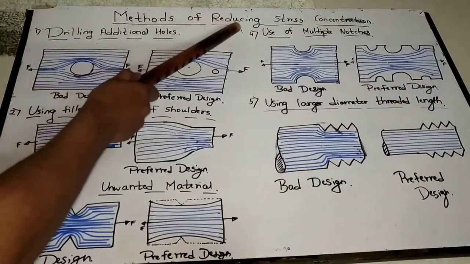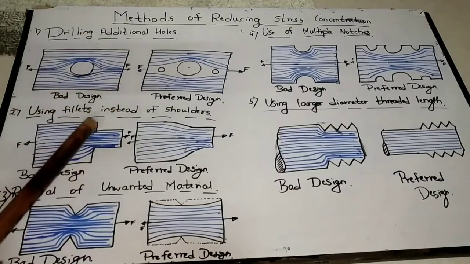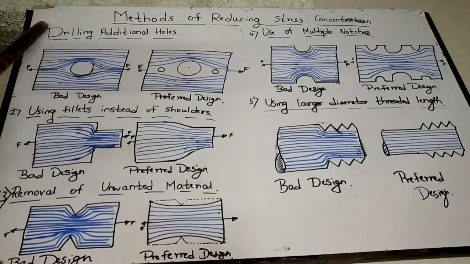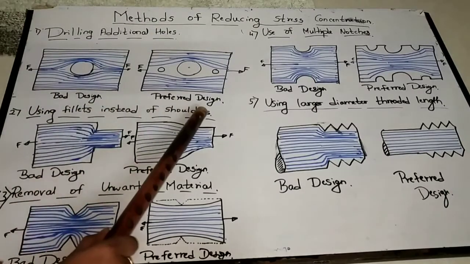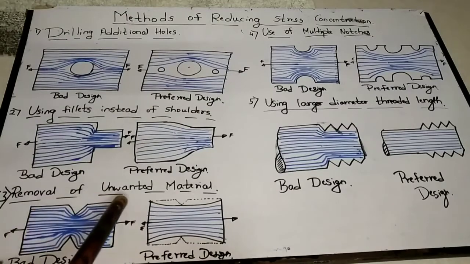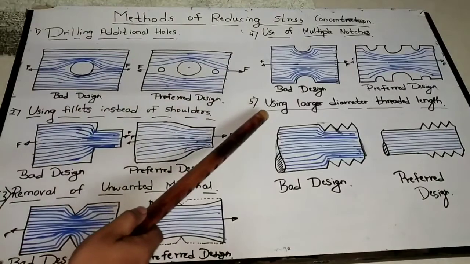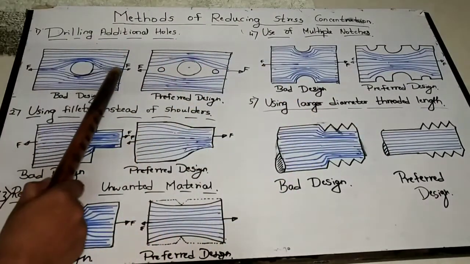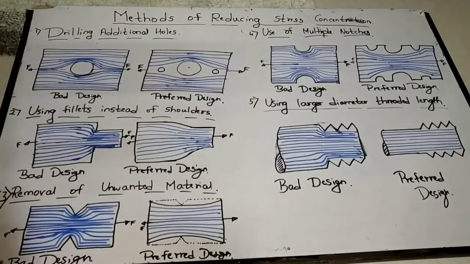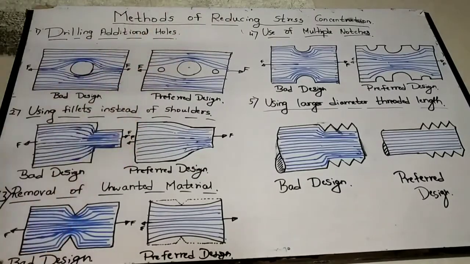If they ask methods of reducing stress concentration, you have to draw these diagrams and mention these methods: drilling additional holes, using fillets instead of shoulders, removal of unwanted material, use of multiple notches, and using larger diameter threaded length. Mention these methods and also draw the diagrams neatly. So that's it. This is the theory part, methods of reducing stress concentration.